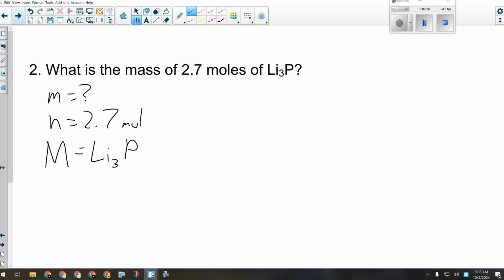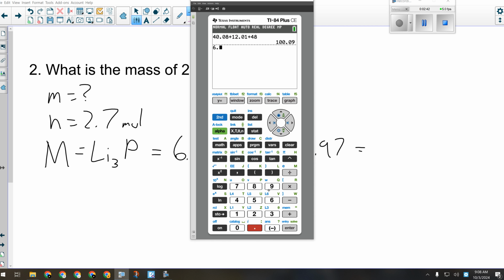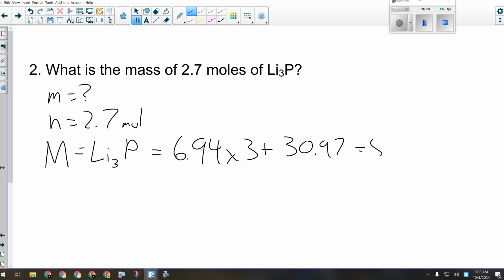Li3P, so that's going to be 6.94 times 3, our 3 lithiums, plus 30.97, that's our phosphorus. So that's 51.79. What are my units on that? Grams per mole.